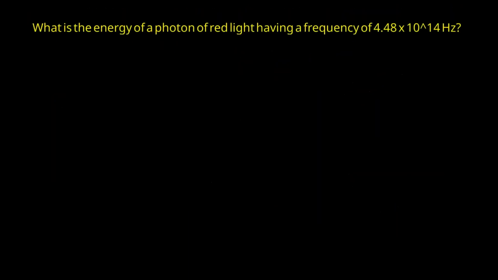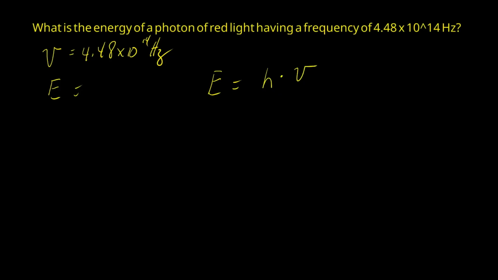Okay, what is the energy of a photon of red light having a frequency of 4.48 times 10 to the 14th hertz? Looking for energy. So we know that energy is equal to Planck's constant times our frequency.